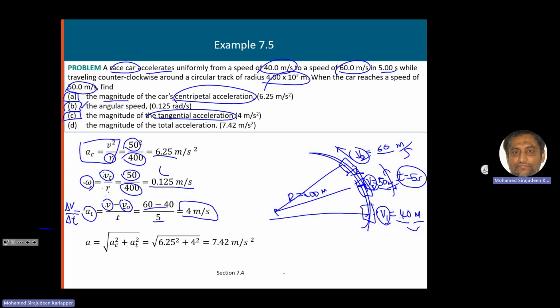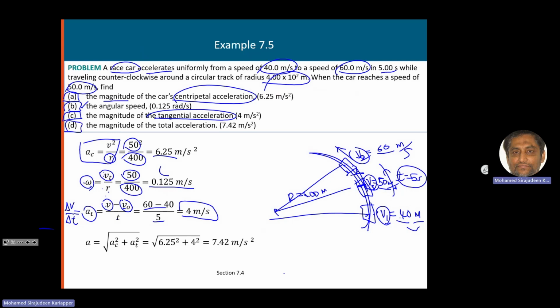It is going with steadily increasing speed, so we are going to assume it's a constant acceleration. We can prove that the average acceleration is equal to the acceleration at the midpoint. So that is fine. D.